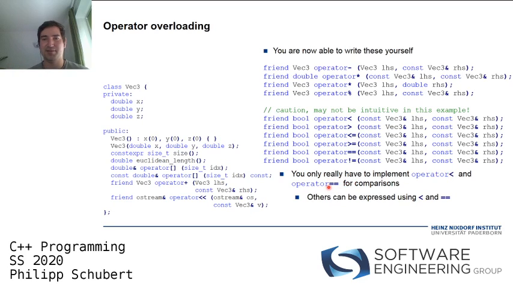That's important to note, because once you have operator smaller and operator equal, you can express all the other operators basically by just using the smaller than operator and the equal to operator. Because how would you implement the not equal operator? You would just call operator equal, and then whatever is the outcome you would negate, and then you have not equal, so to say. And the same game pretty much for operator smaller than.